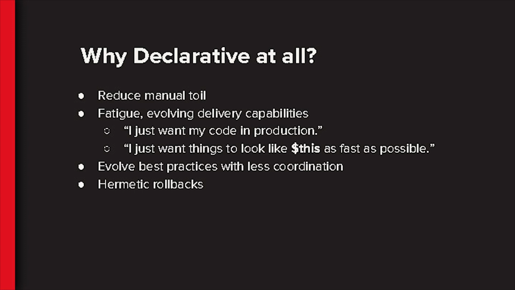And people just get fatigued with it and eventually don't do it. So by defining just, I have this desired state, we're able, as a central team, to iterate for people on what the best practices are. And it also gives a better rollback story, because we're able to store hermetic state, and when we want to go back to the previous version, we know exactly what that was, and we just roll back.